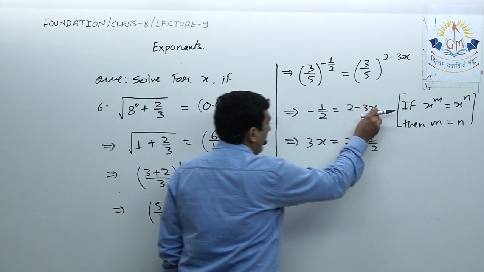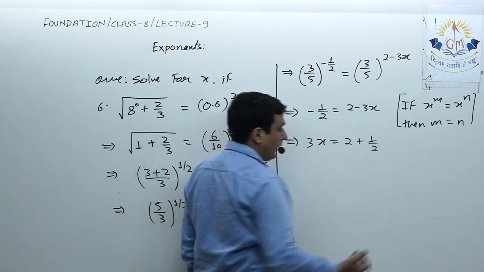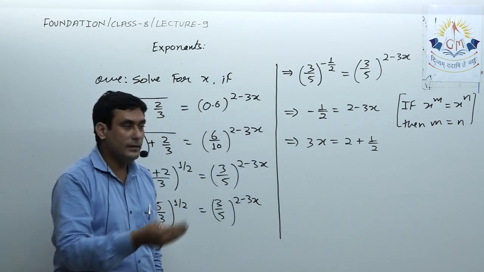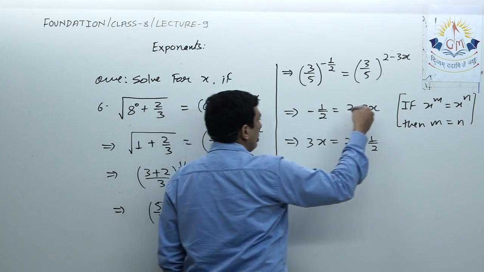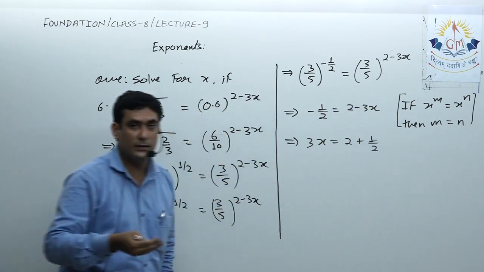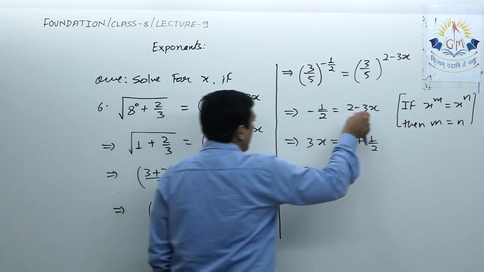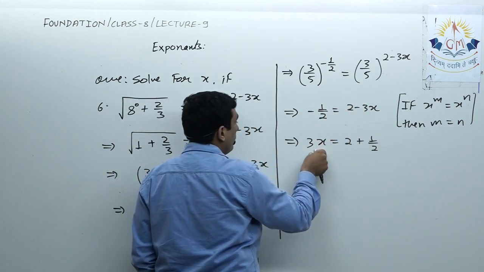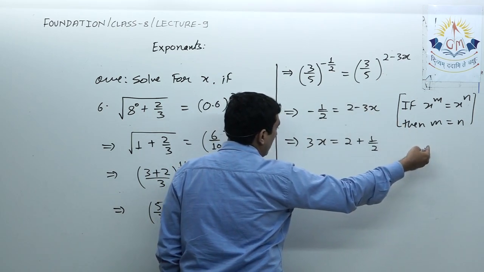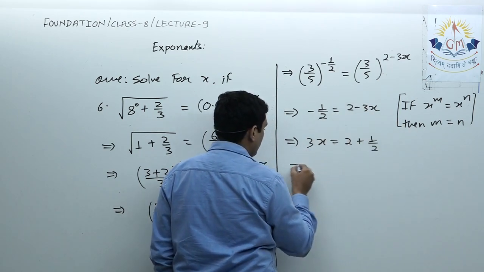So I took -3x over here, and I hope you also know that whenever we take a quantity from right to left or from left to right, we always change the sign. Here it was negative, so I took it positive. Here again it is negative, when I take it to the right hand side, I took it positive.